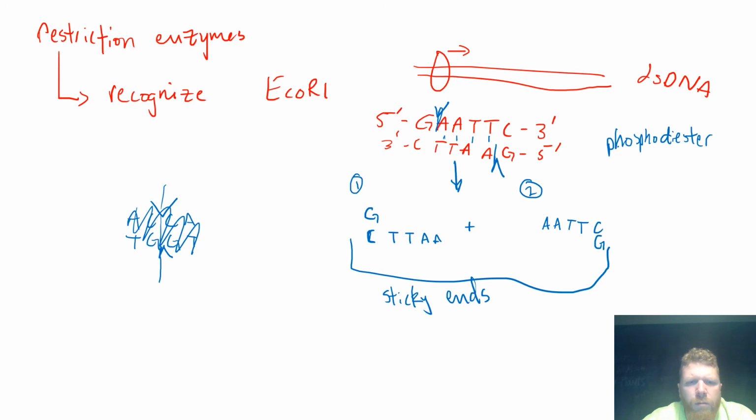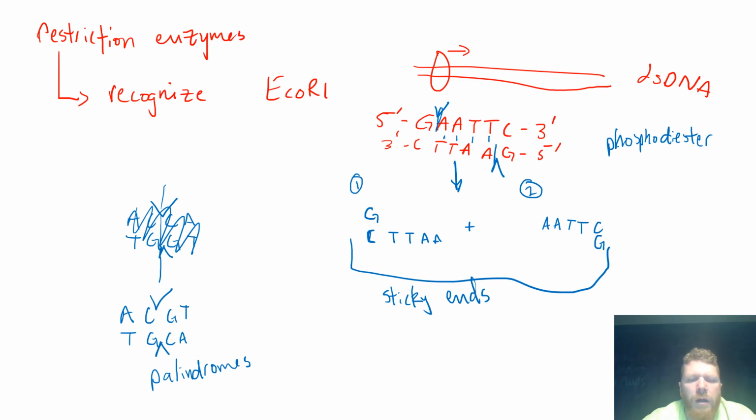A good example would be something like this: AC. It is going to break this phosphodiester linkage here and here. What it is going to do is see a sequence here that it likes and a sequence here that it likes. These are palindromes of one another.